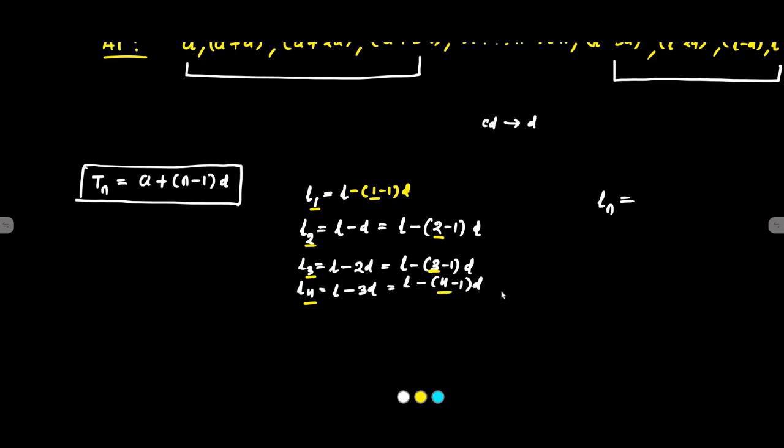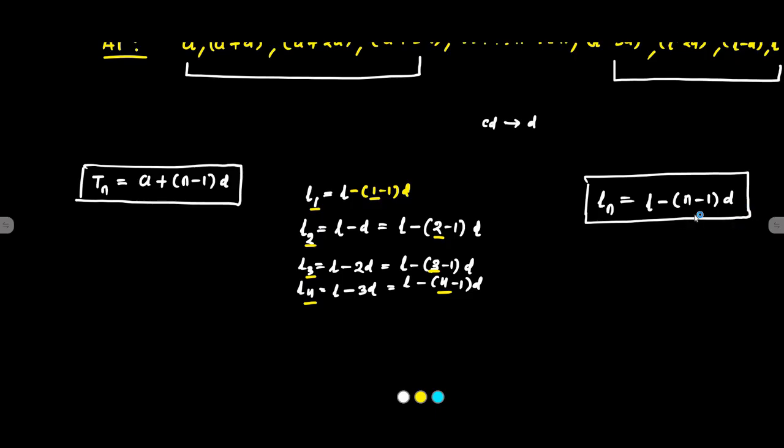So the general nth term from the last, from the end, we can write as L minus n minus 1 d. This is the general nth term of an arithmetic progression from the end, from the last.